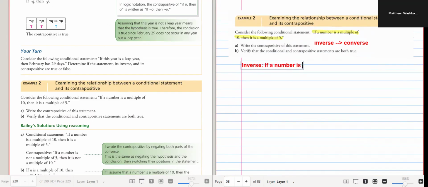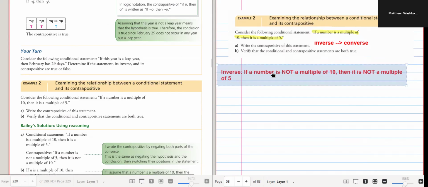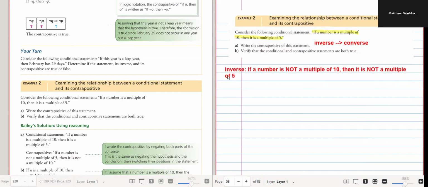If a number is not a multiple of 10, then it is not a multiple of 5. Now let's do the converse of this, which turns it into the contrapositive, because remember, the contrapositive is just taking the converse of the inverse. So how do you do that? Now you flip the order of it.